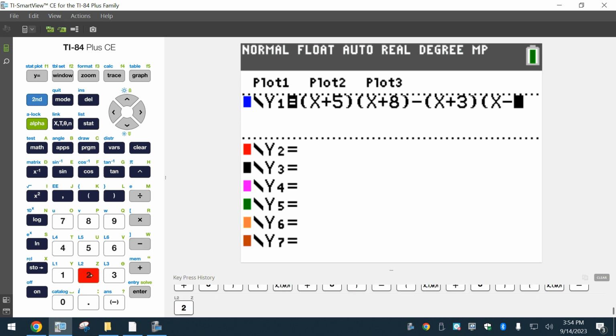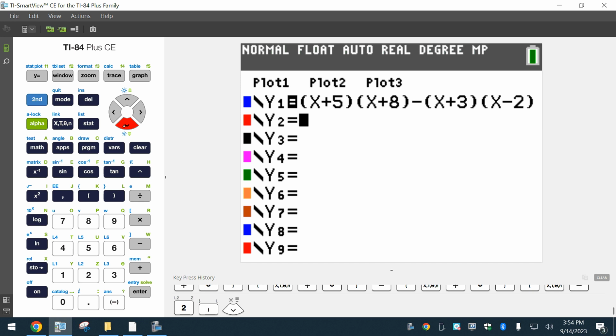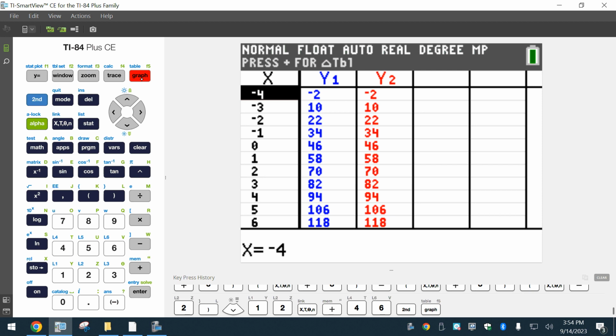Then x minus 2. Then you hit your down key, and we're going to type the 12x plus 46. Okay, now if I go to my table, so you hit second graph, you should see that the blue and the red are the same. Right? And you just have to verify this.